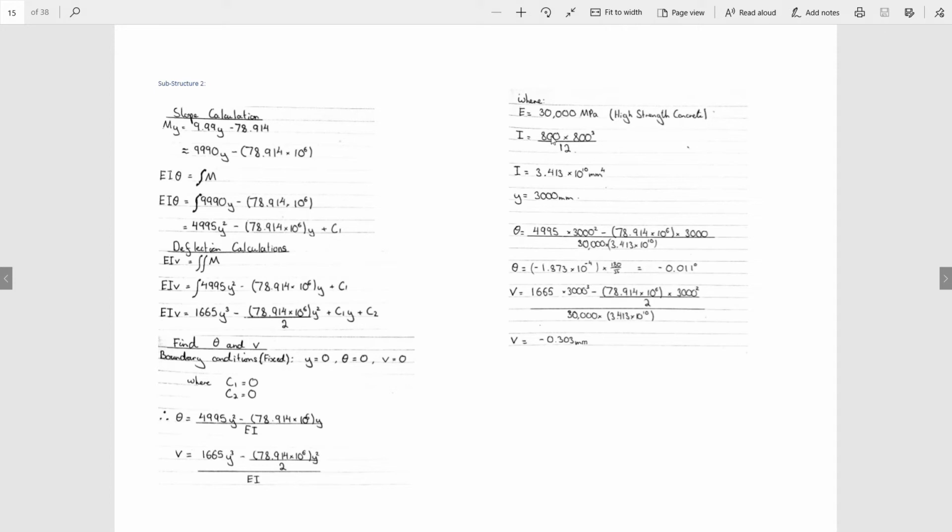calculation to find I, because it's just very basic, 800 times 800. And we've got a different modulus of elasticity, of course, because we're using a different material, high strength concrete.